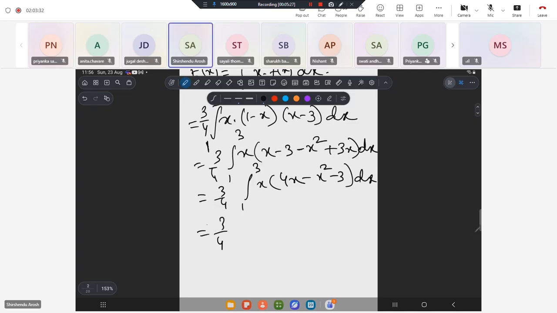Multiply this by 3 by 4, from 1 to 3, 4x square minus x cube minus 3x dx.